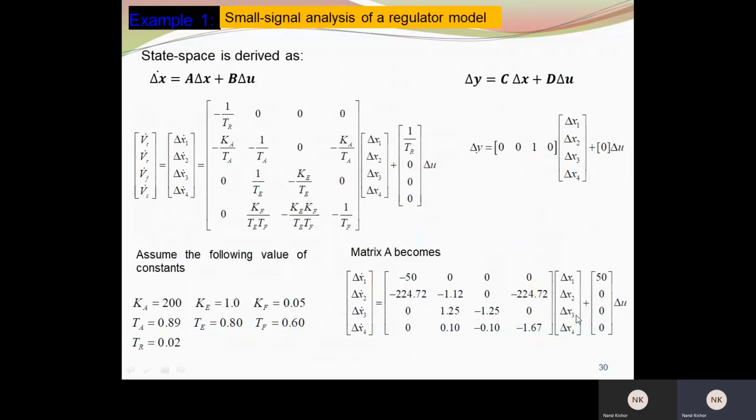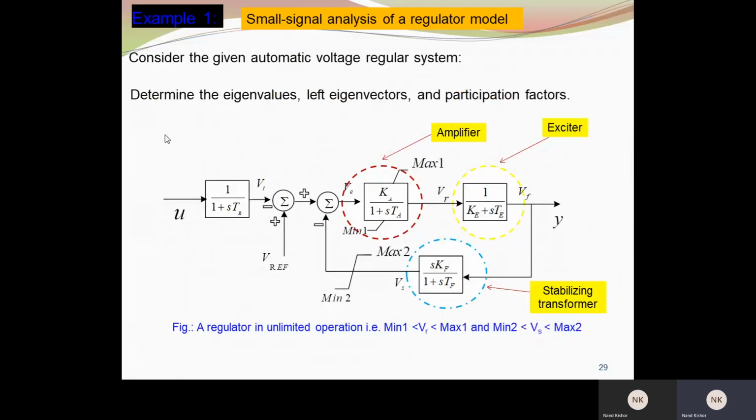So we move next. With this block diagram, it is possible to have a state space representation. With the states, we can get the terminal voltage state, then one state here, another state here at the output of the exciter, and one more state at this point here.